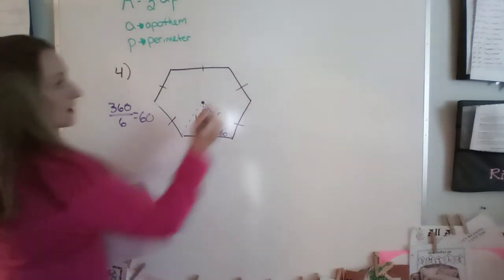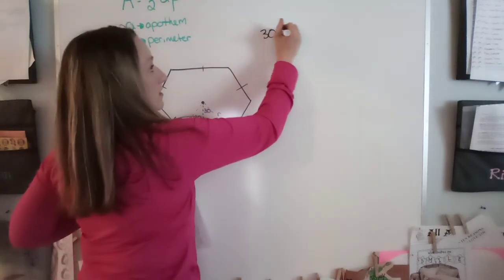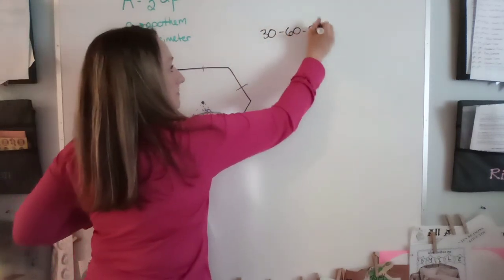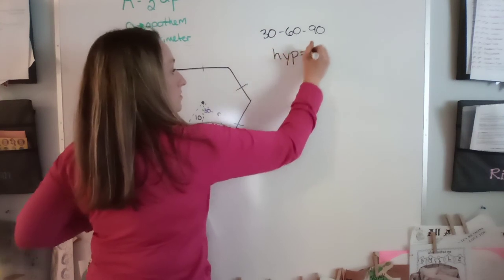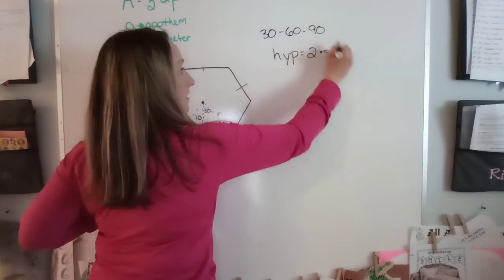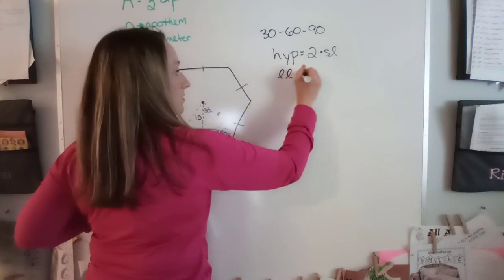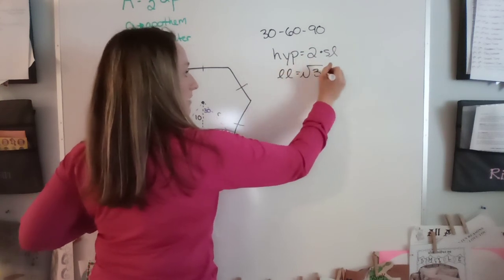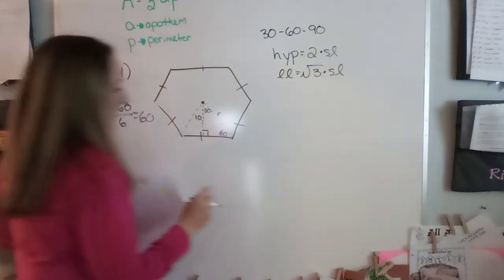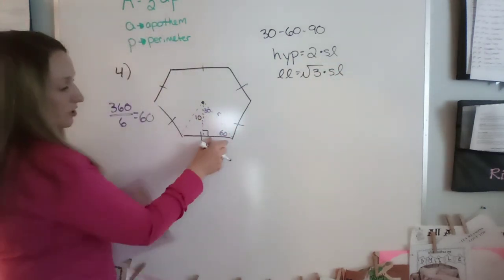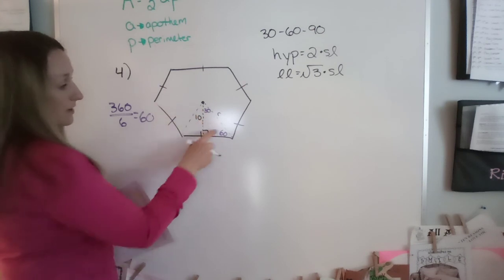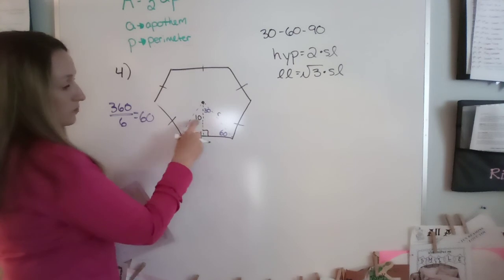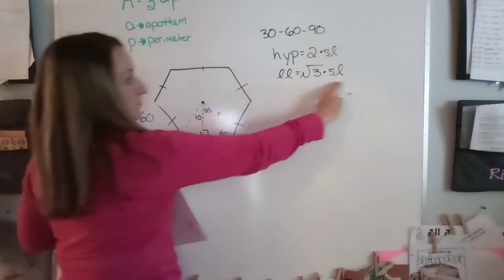So just as a reminder, for 30, 60, 90, we know that the hypotenuse is equal to 2 times the short leg, and the long leg is equal to √3 times the short leg. Okay? The short leg is the one across from the 30. The long leg is across from the 60. So I don't know the short leg, but I know the long leg. Okay, so let's work backwards using this formula.